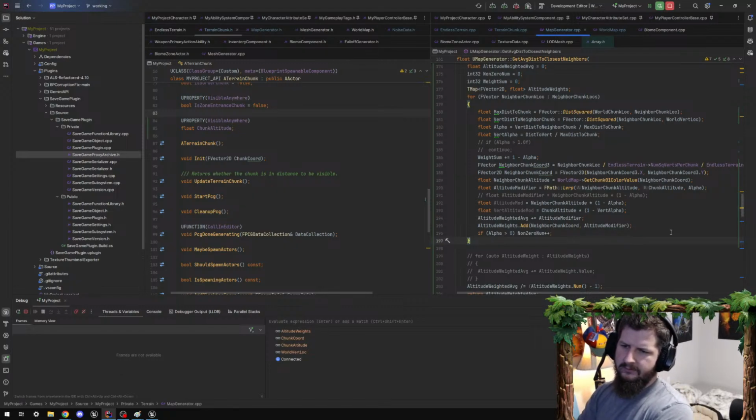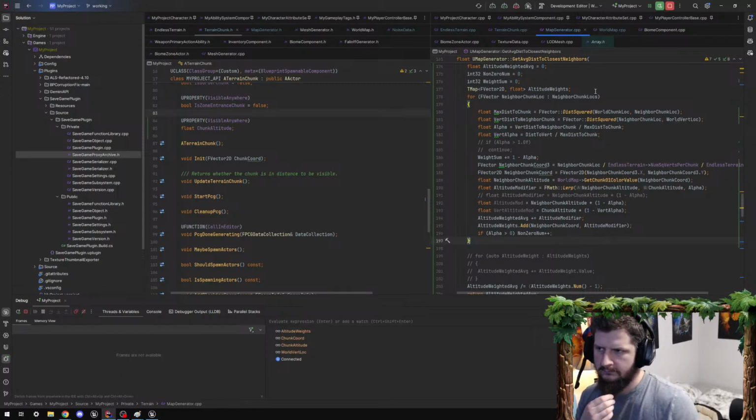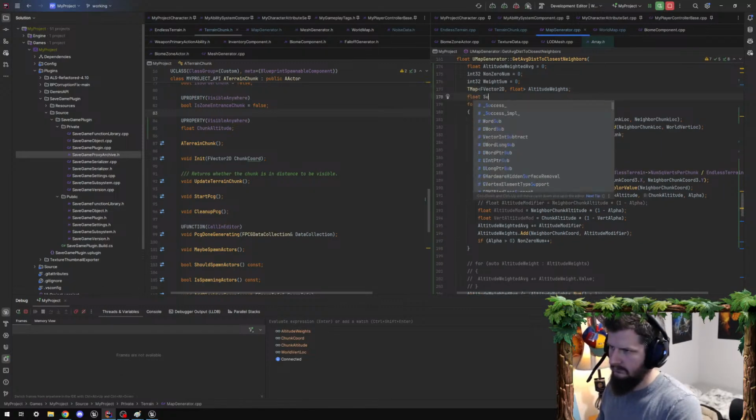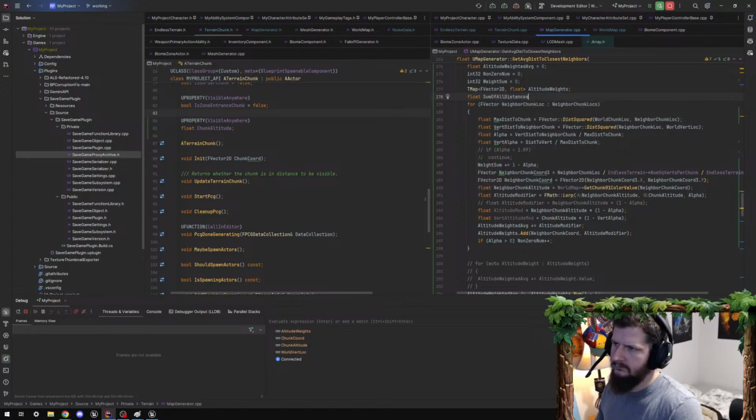Vert distance to center 1 divided by sum of, let's say I had a sum of all distances.